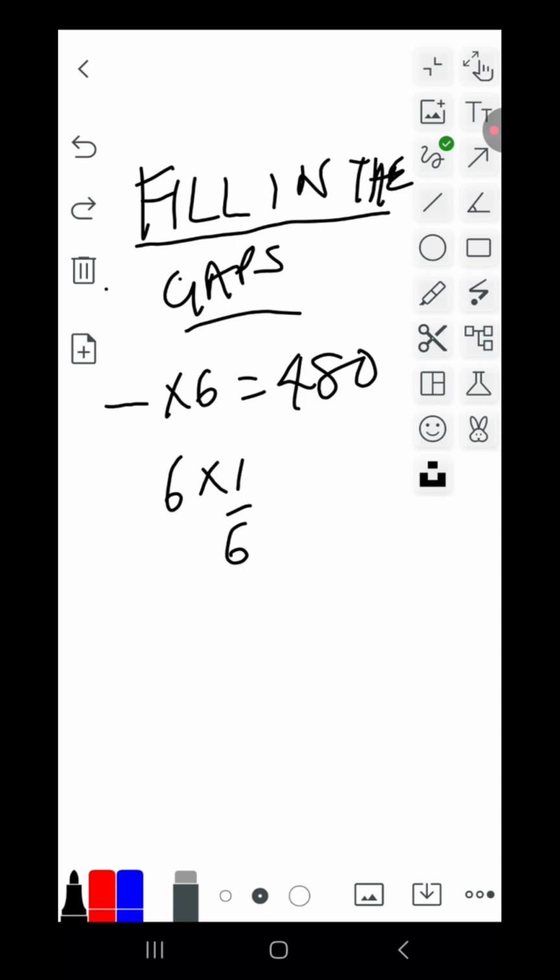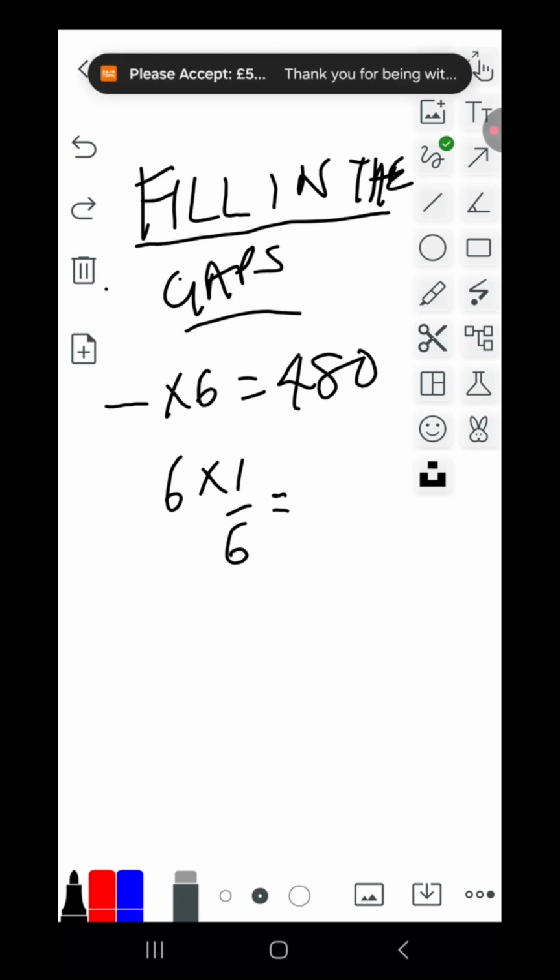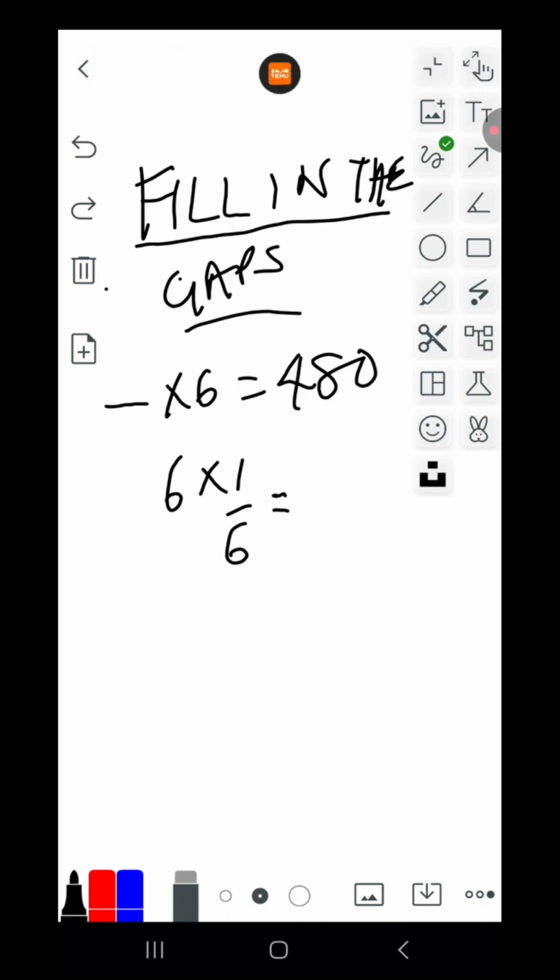Another thing you need to remember: anytime we're solving questions like this, where we are trying to get rid of one number on one side, whatever you do to the number you're getting rid of must be done to the number on the other side of the equal sign. So in this case, we also have 480 times 1/6.